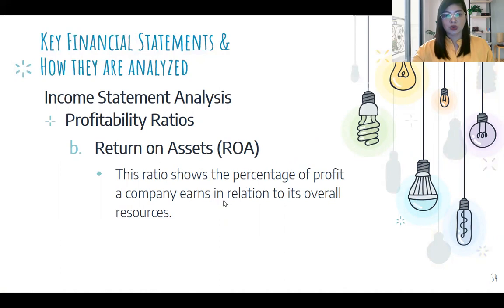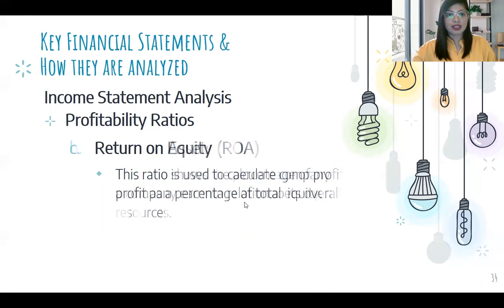This ratio shows the percentage of profit a company earns in relation to its overall resources. Next, return on equity. This ratio is used to calculate company profit as a percentage of total equity.